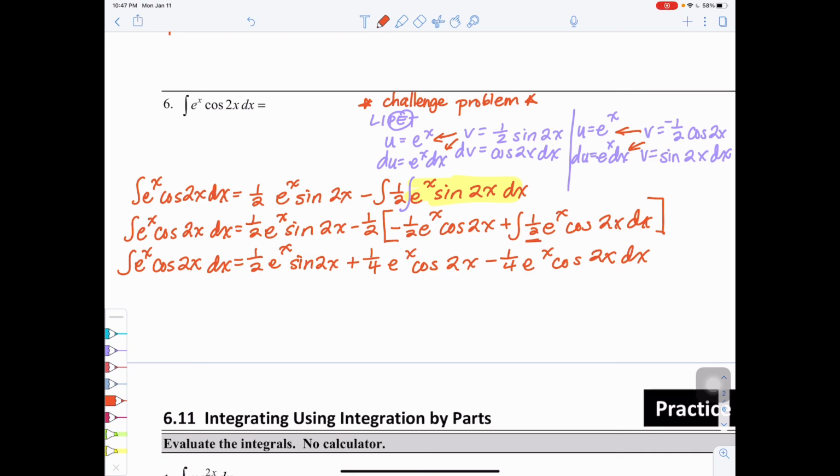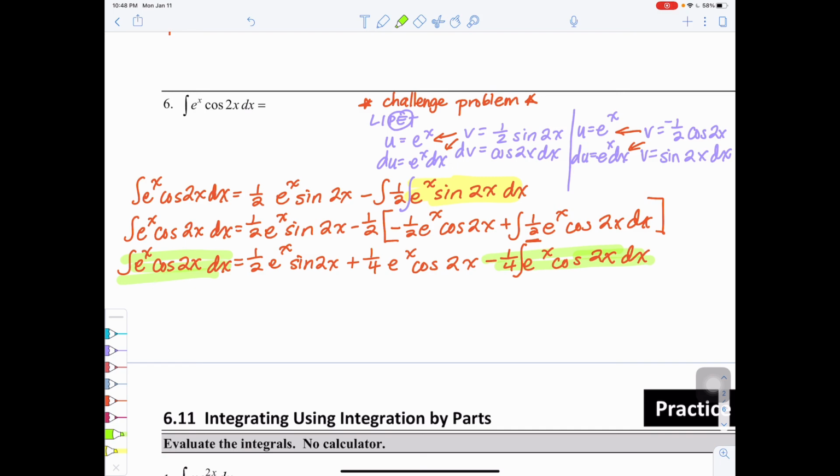And now here is, I'll highlight it in green. Oops, I forgot that integral. So we have a negative 1/4 of these, and we have 1 over here. So I'm going to add a 1/4 of that integral.